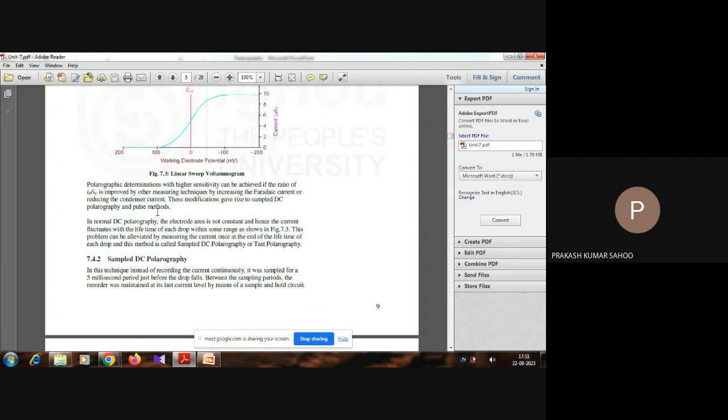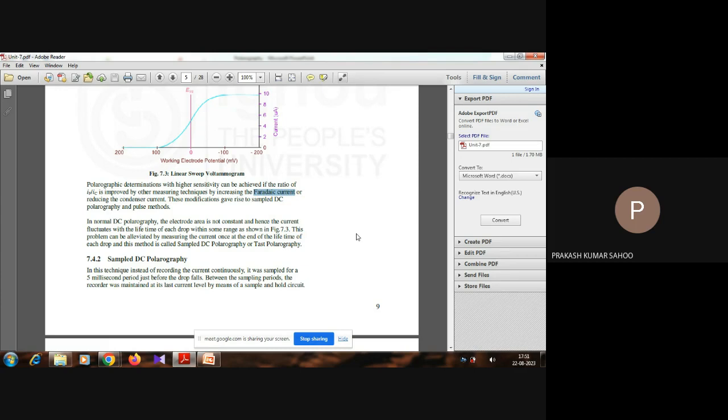So then polarography determination with higher sensitivity can be achieved with the ratio of IF by IC. What is IF? It is the Faraday current, and what is IC? It is the condenser current. So two parameters are again introduced. What is one Faraday? One Faraday equals 96500 coulomb.